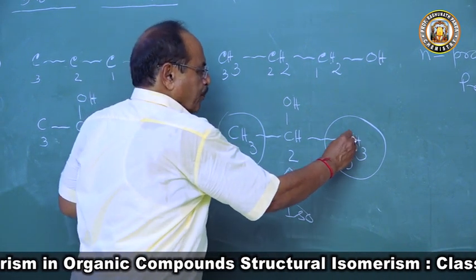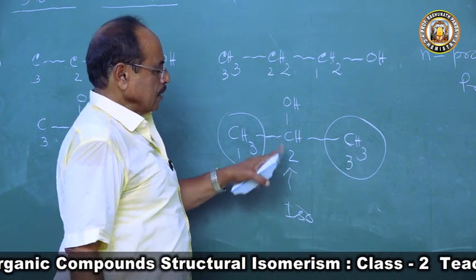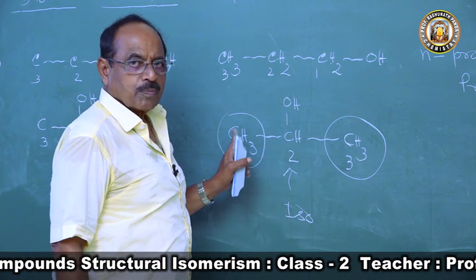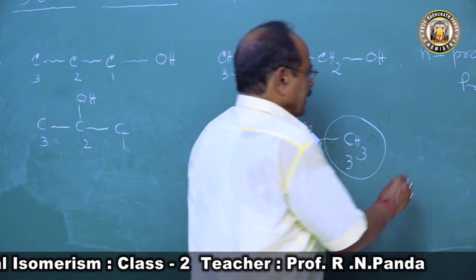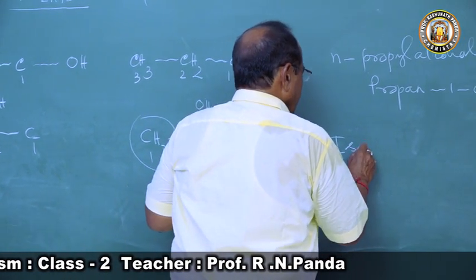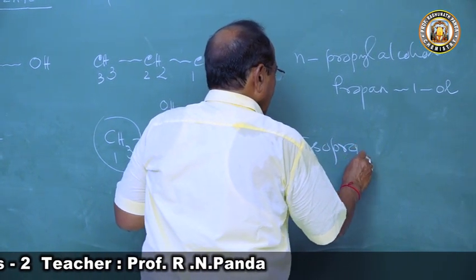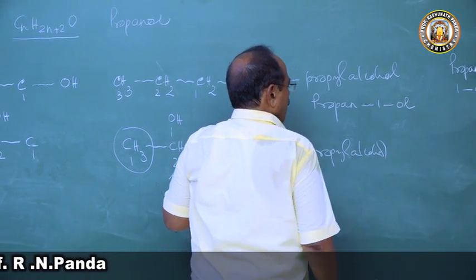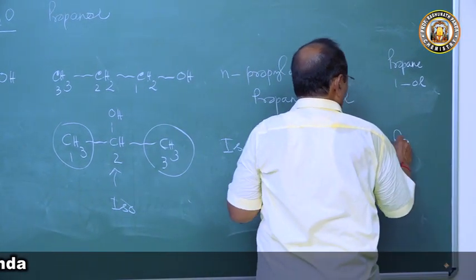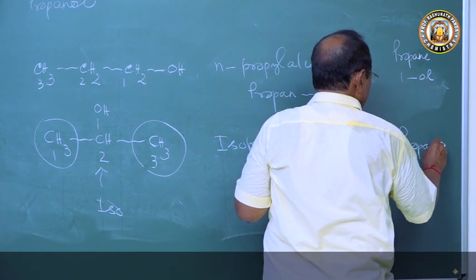Hence, it has 3 carbon atoms, propyl, and the OH group, alcohol, so its common name will be isopropyl alcohol.